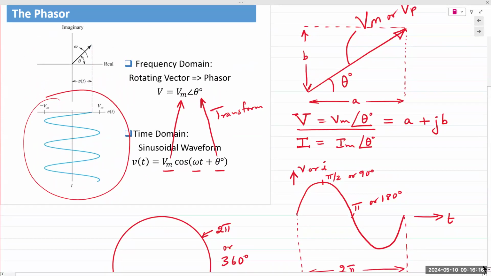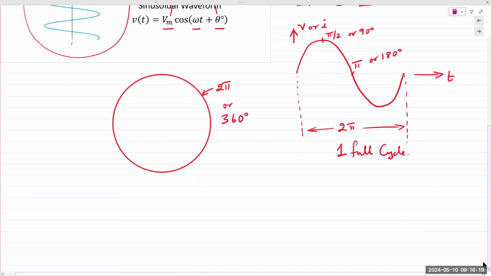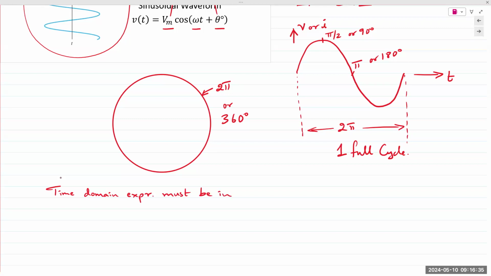Okay, the time domain expression must be in cosine. You cannot transform if it's in sine. You have to convert sine x to cos x, and then you can write the phasor transform.